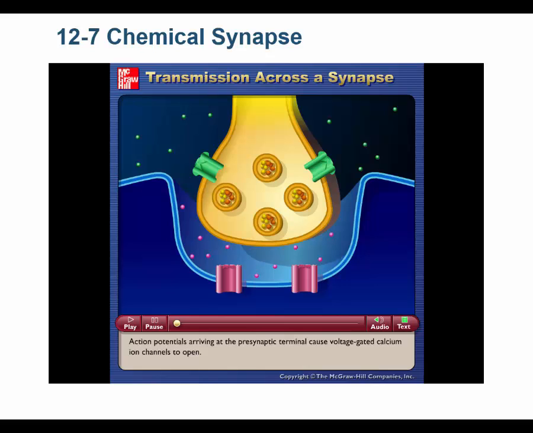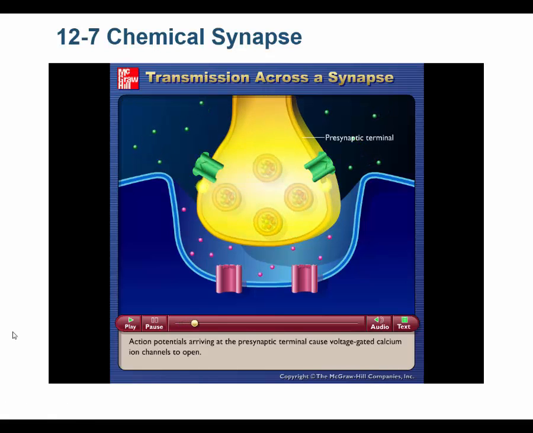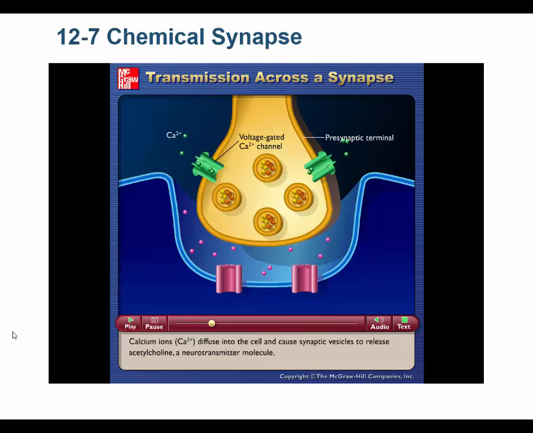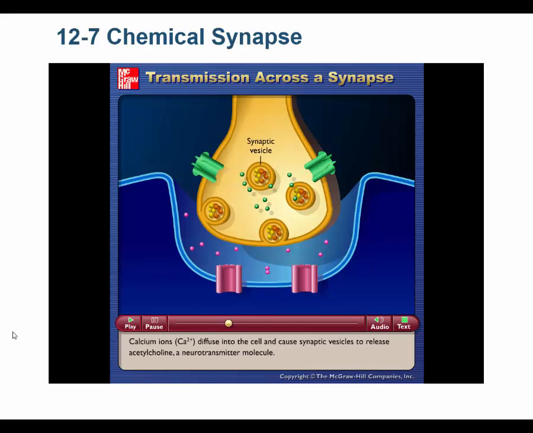Now, this is another way of looking at the chemical synapse that has just a couple more details than the previous one. That's all. Action potentials arriving at the presynaptic terminal cause voltage-gated calcium ion channels to open. Calcium ions diffuse into the cell and cause synaptic vesicles to release acetylcholine, a neurotransmitter molecule.